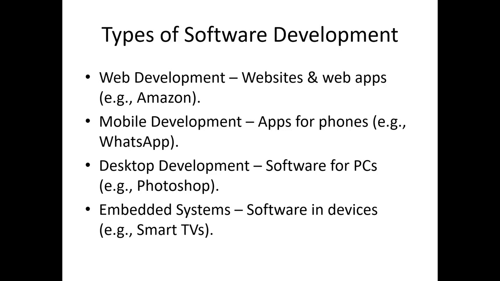So, types of software development, as I've clearly mentioned before. We have web development, like your website. If you go to www.something, we have that where you can read information. We have web app, maybe you can make something work, maybe you can give it an image to remove the background, all those kind of applications that are done on web, you understand.